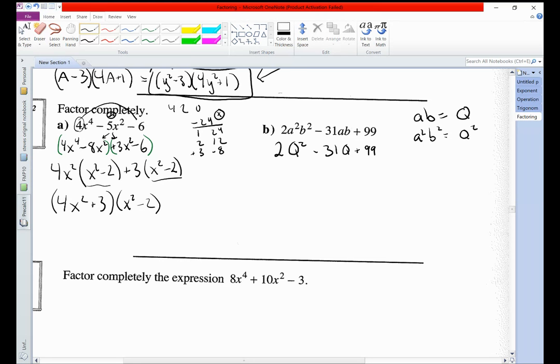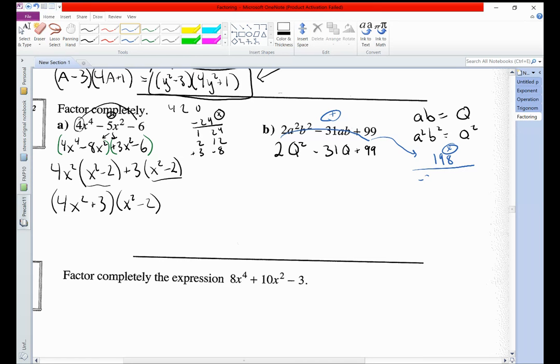So I am going to do 2 multiplied by 99, and I get 198. So I'm looking for two numbers that multiply to 198 and add to negative 31. Instead of going through my whole multiplication chart, which you might end up having to do, I'm just going to tell you the answer to save time.